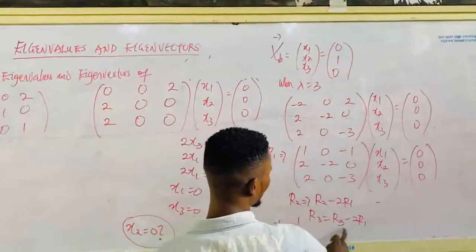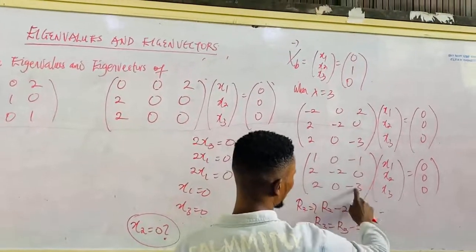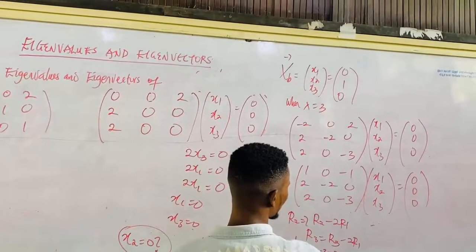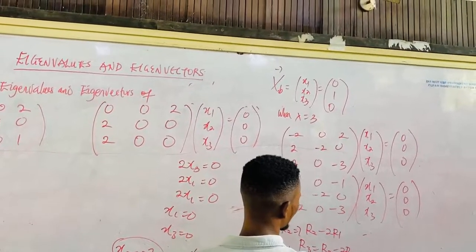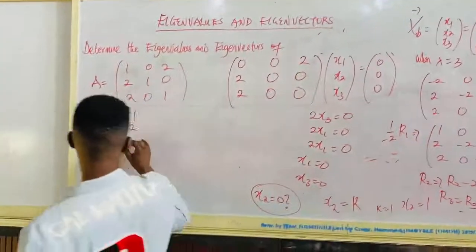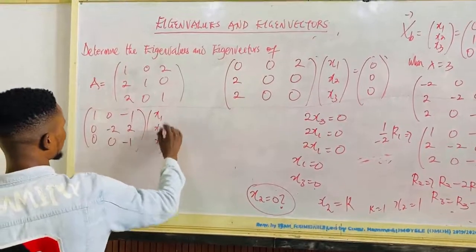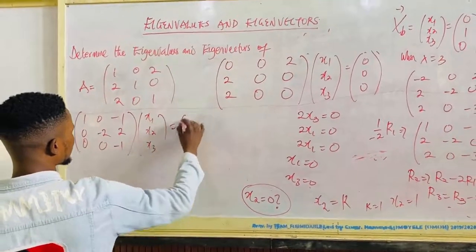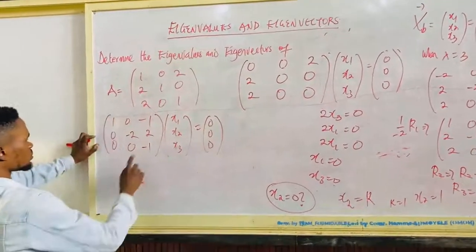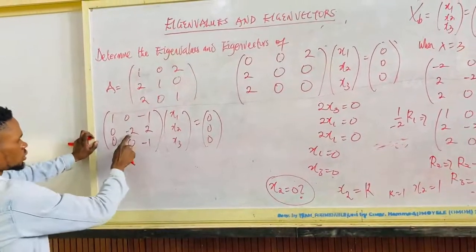R3 becomes R3 minus 2R1: 0, 0, then minus 3 minus 2 times minus 1, that's minus 3 plus 2, that's minus 1. So divide this one by minus 2 to get 1 here.